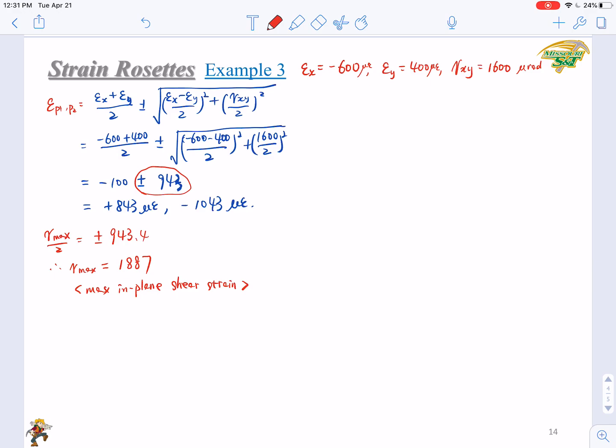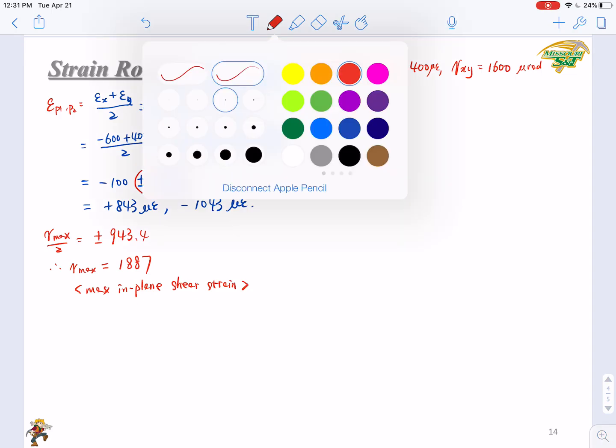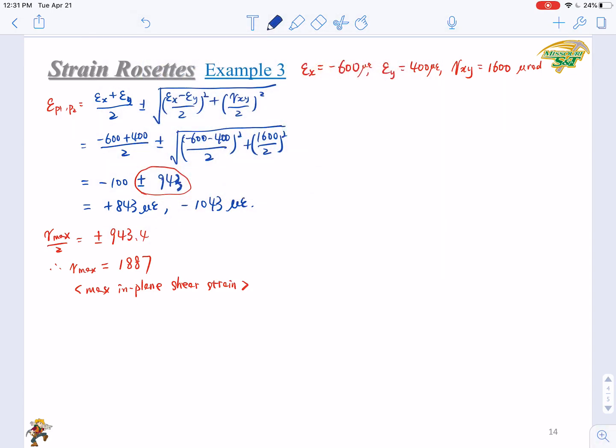Then we can also calculate theta p as well as theta s, as we did for example 1. For theta p, tangent 2 theta p equals gamma xy over epsilon x minus epsilon y. No over 2 here, since this is strain, not stress.